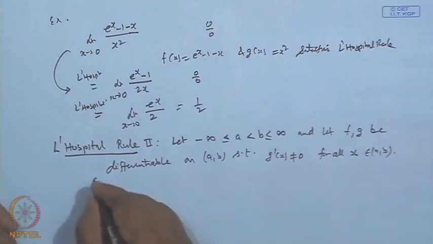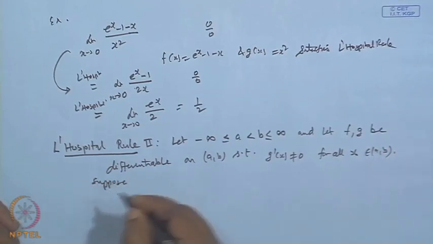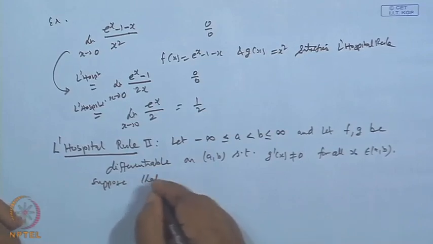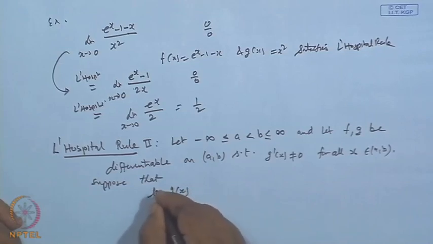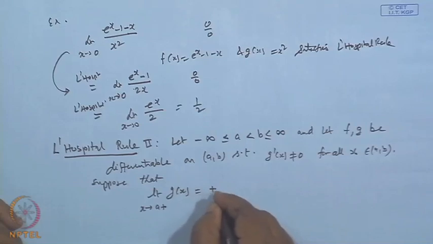And suppose that the limit of g x when x tends to a plus is infinity or maybe minus infinity.